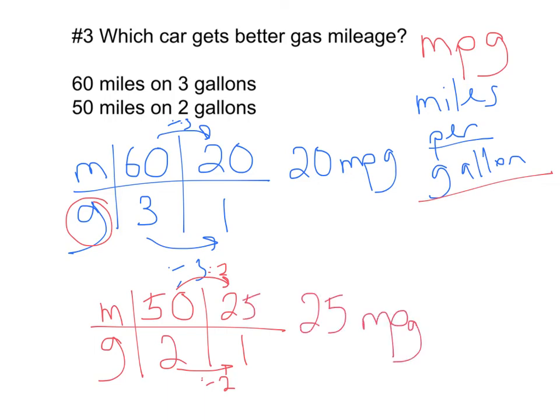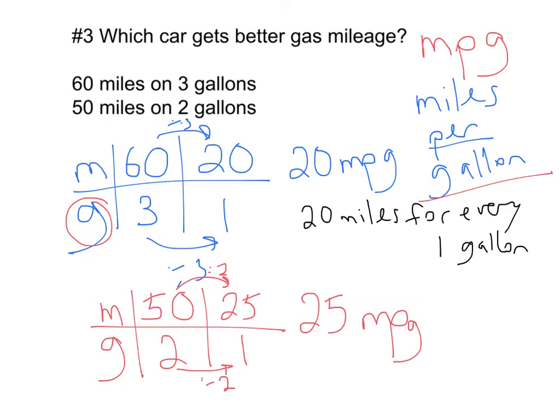Now with the last problem, I wanted my number to be the smallest because I was looking for the best price. In this case, I'm looking for the best gas mileage. With gas mileage, you actually want the number to be bigger because you want to go further on 1 gallon. So 20 miles per gallon says I can go 20 miles for every 1 gallon.